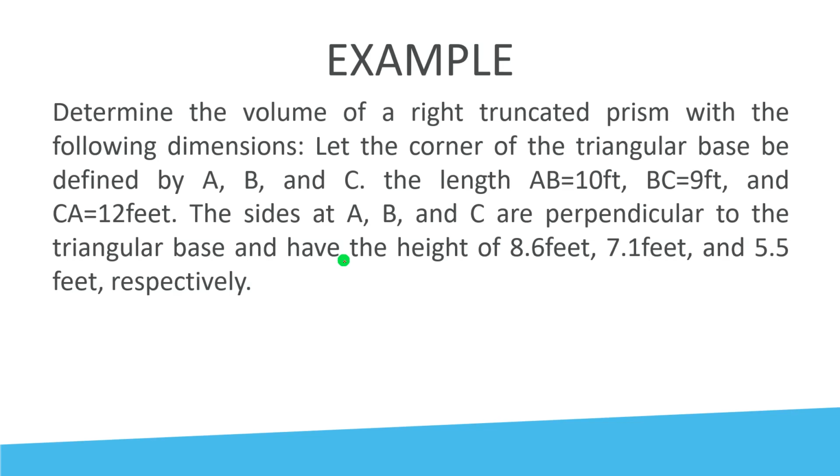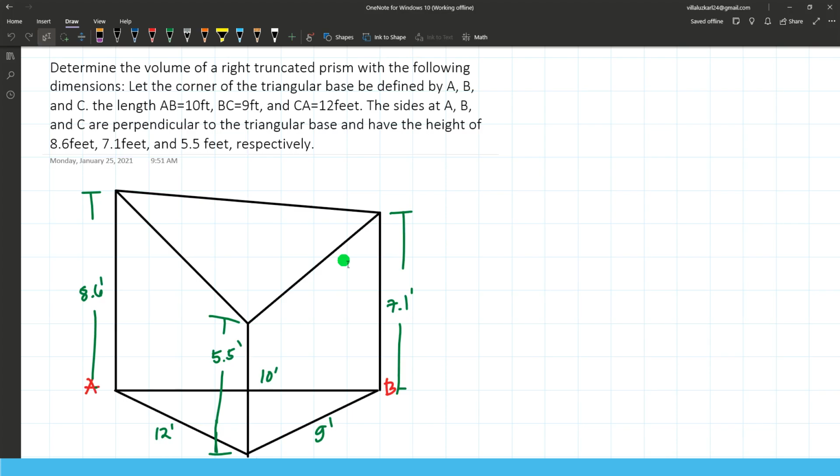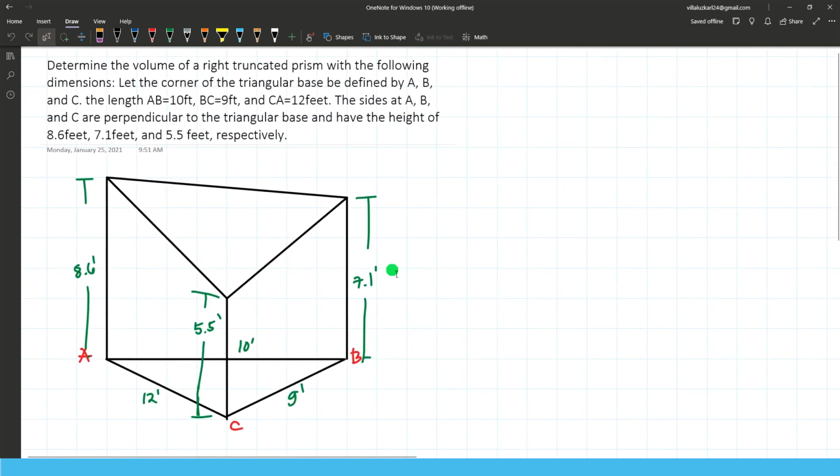So let's determine the volume. First, draw the figure, draw the solid, and here it is. We have 8.6 feet, 7.1 feet altitude, and 5.5 feet.